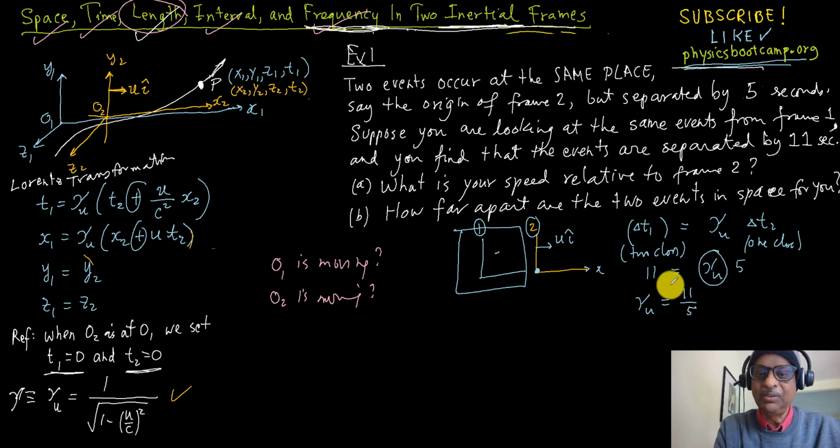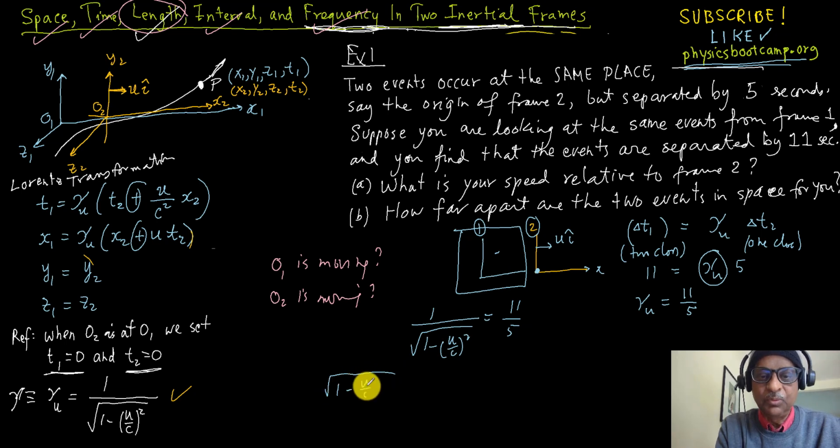So let's see what we have. 1 over square root of 1 minus u over c squared equals 11 over 5. So square root of 1 minus u over c squared equals 5 over 11, and then u over c squared is 1 minus 25 over 144.